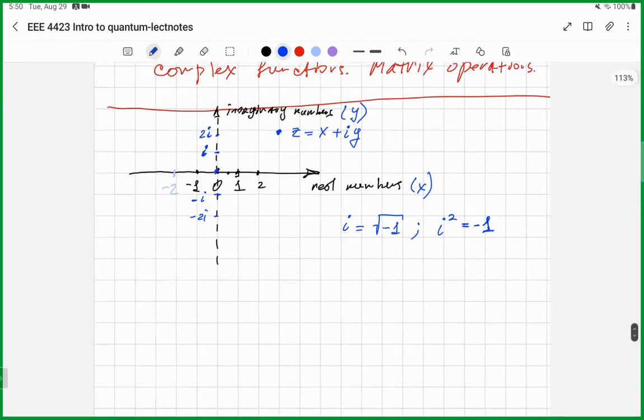So this point in the complex plane can be given by the distance from the origin of this complex number plane, which is the modulus of z, and by the rotation angle, denoted by phi.